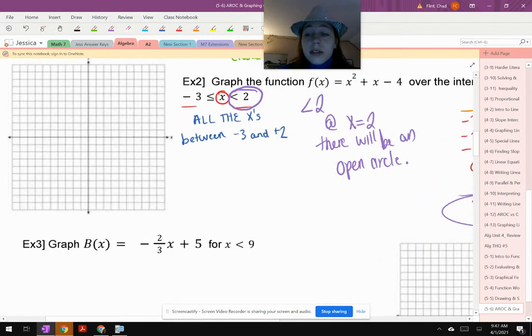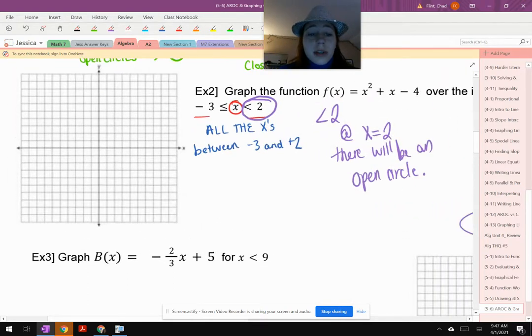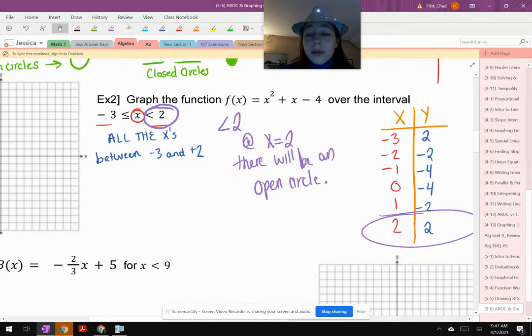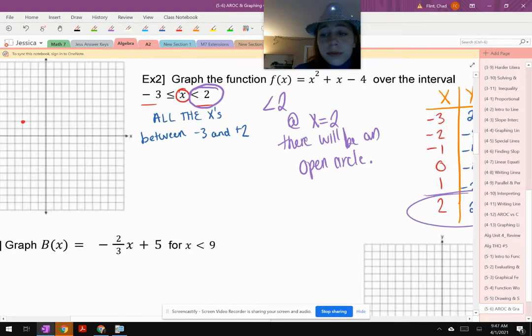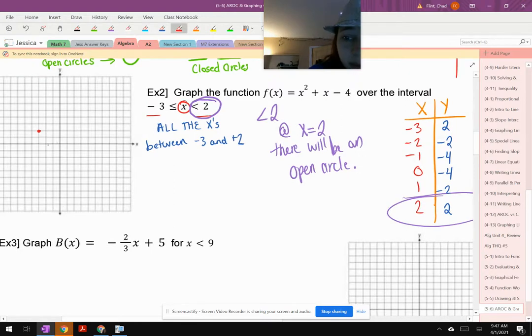All right, so now let's plot these points. So -3, 2. -2, -2. -1, -4.